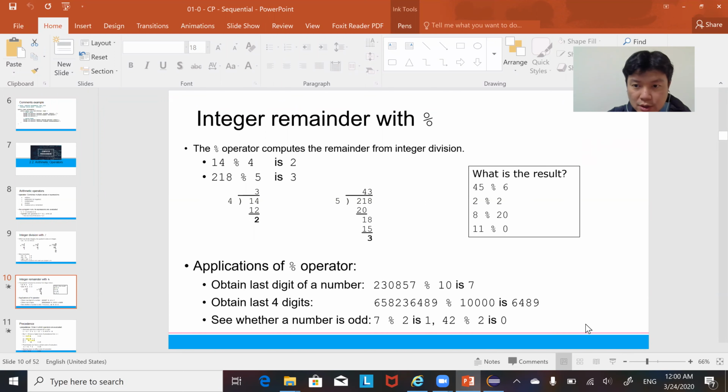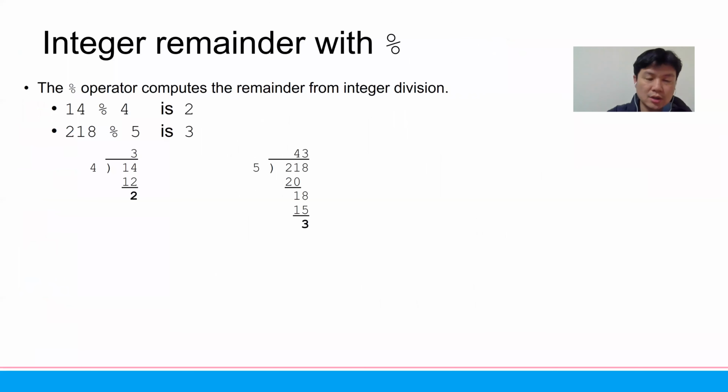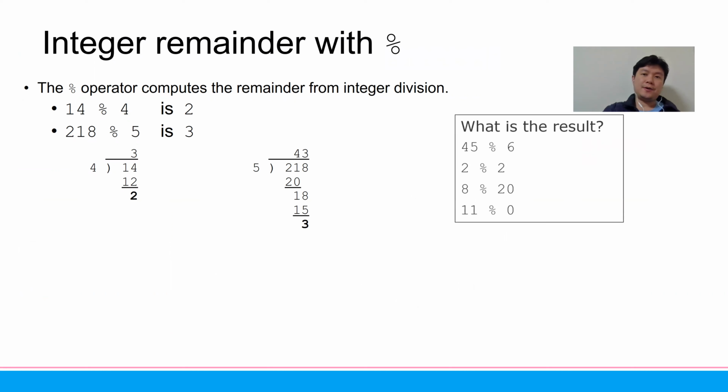When you deal with the modulo, it is the remainder from the integer division. Okay, what is the result of 45 remainder 6? The result will be 3. Why?